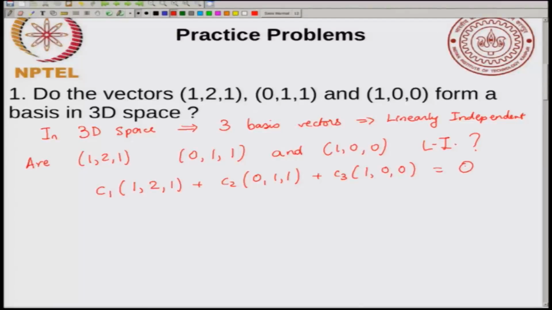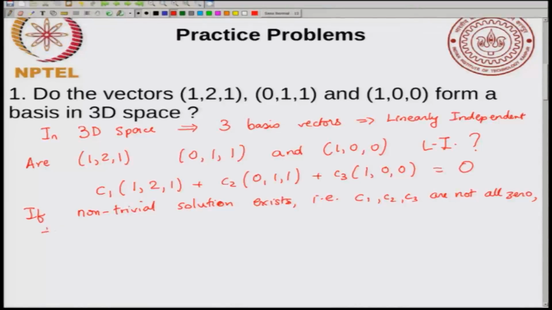Now, if a non-trivial solution exists, that is C1, C2, C3 are not all 0, then the vectors are linearly dependent. So, you have to set this condition and check whether there exists a non-trivial solution.